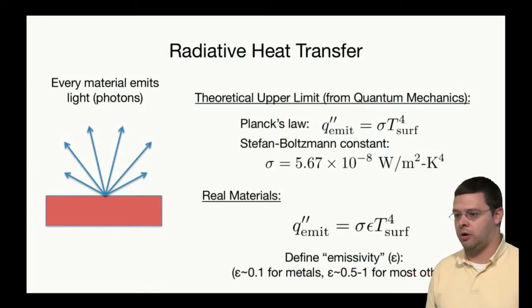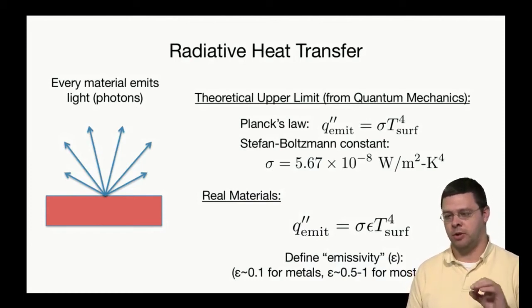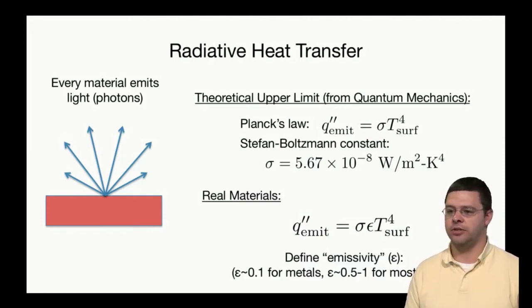Planck showed at the onset of quantum mechanics that you can actually describe the maximum amount of heat that is carryable according to the laws of quantum mechanics. It turns out to go as some fundamental constant called the Stefan-Boltzmann constant times a factor of temperature to the fourth power.